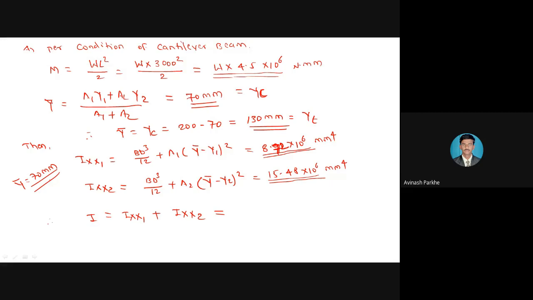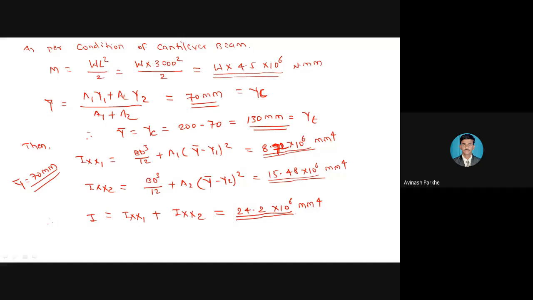Then do the addition and tell me the total moment of inertia. 24.2 into 10 raised to 6 mm raised to 4. This is called the total moment of inertia we have calculated.